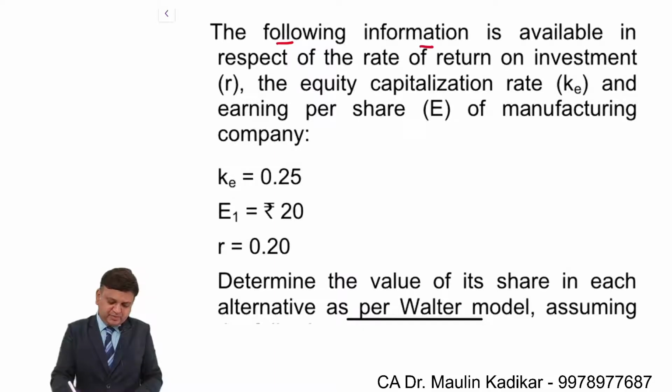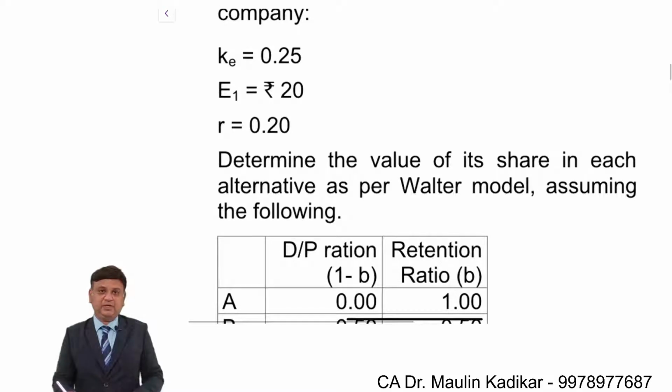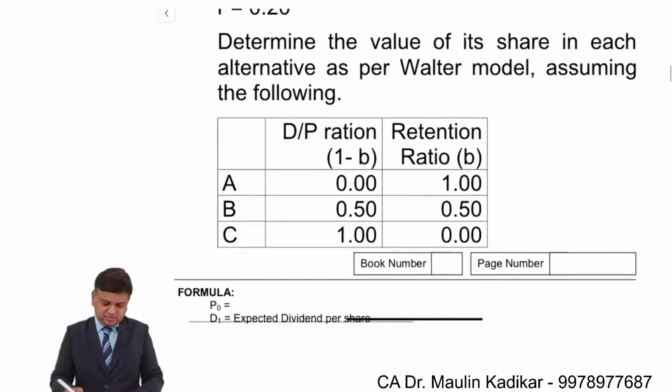The following information is available in respect of rate of return on investment R, equity capitalization rate K, and earning per share of a manufacturing company. K is 25%, expected earning per share is 20, rate of earning is 20%.